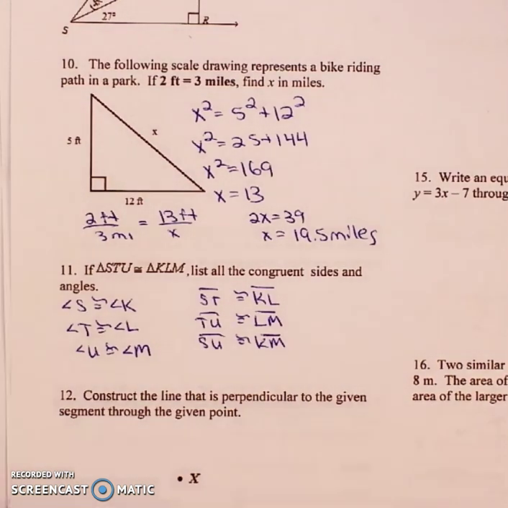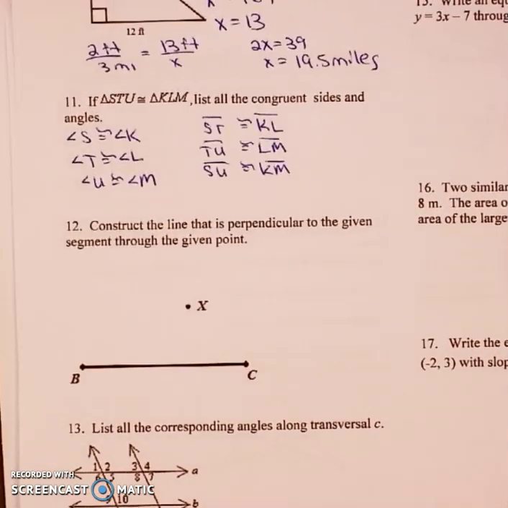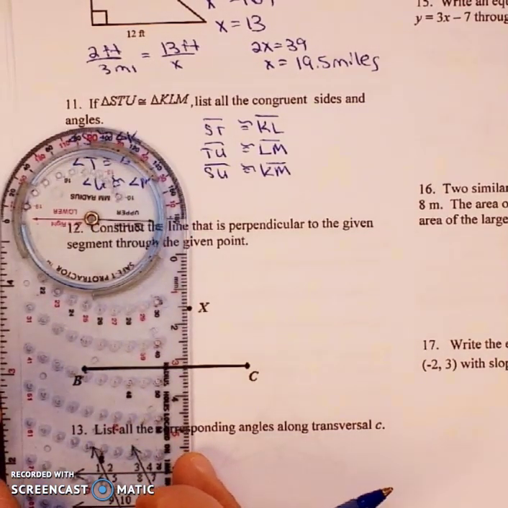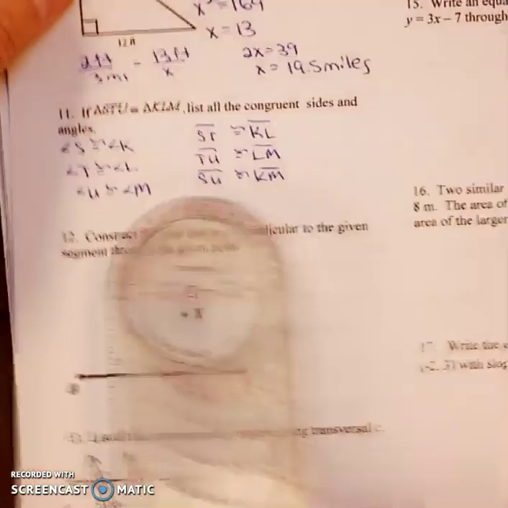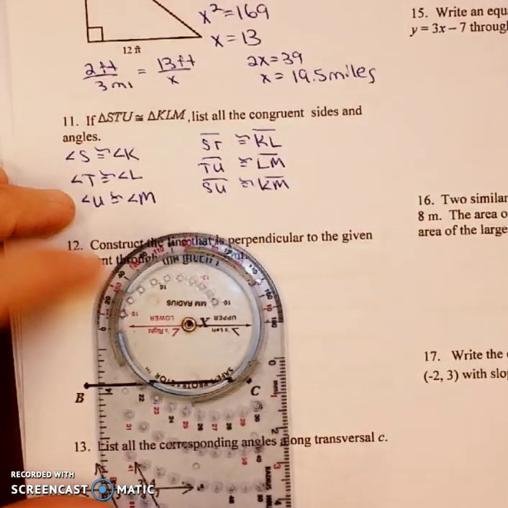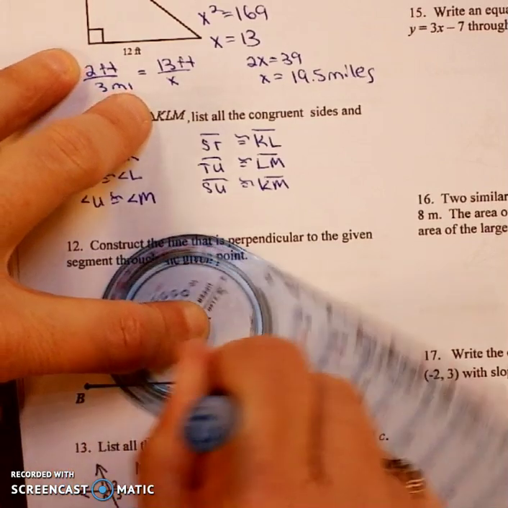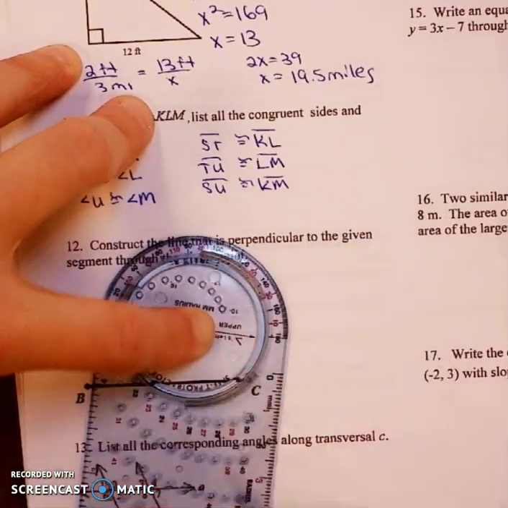Alright, the next one we have is a construction. We're trying to construct a line that's perpendicular to BC through point K. So roughly we're looking for a line like this. So I'm going to put my pivot point on point X, and I'm going to make an arc that intersects that line in 2 places.